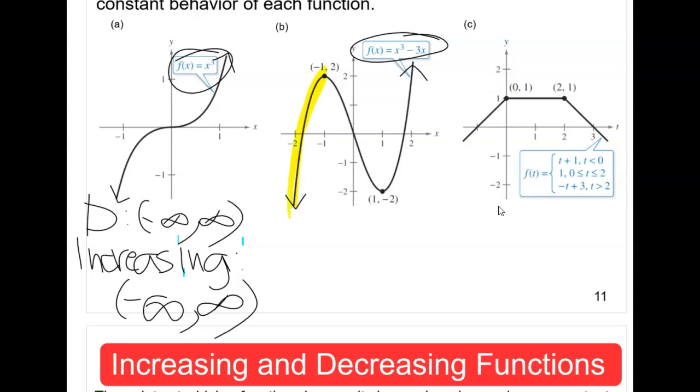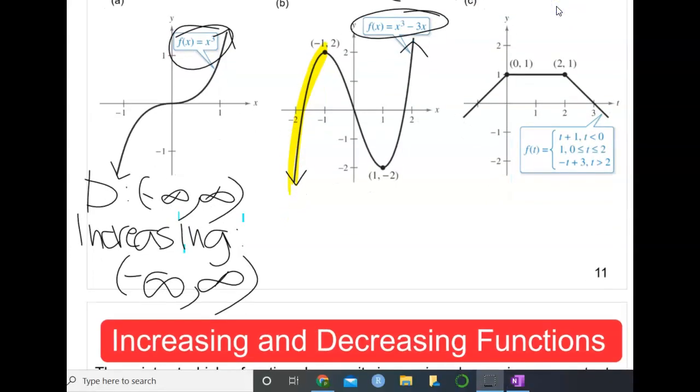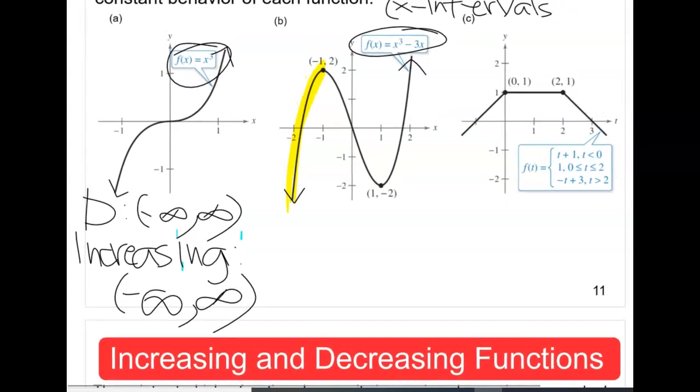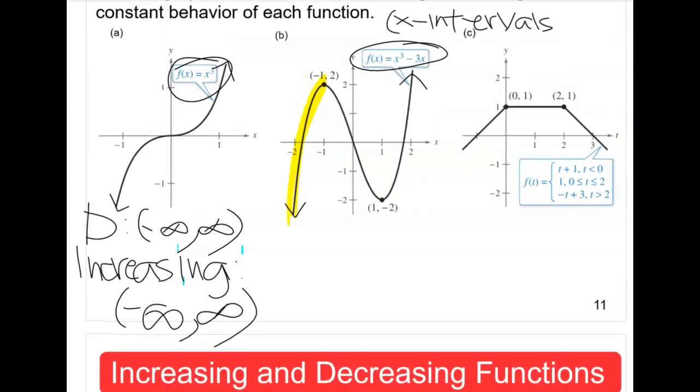First is increasing, and remember that you must give your answer in x intervals. So we will start from negative, well, I'm going to write increasing first.